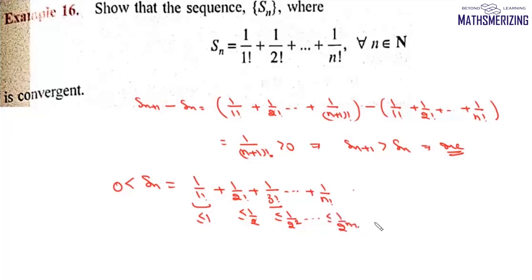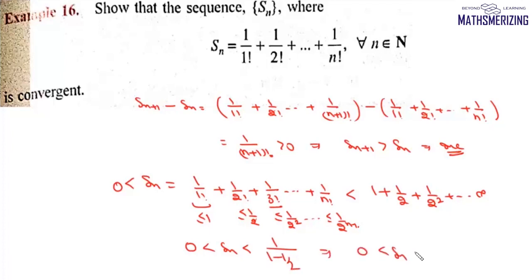Now if we take this limit n tends to infinity, we can write this Sn will be less than 1 plus 1 by 2 plus 1 by 2 square up to infinity, which is nothing but an infinite GP. So this Sn will be less than a upon 1 minus r, that is, this value of Sn will lie between 0 and 2. So this sequence is monotonic increasing and it is bounded. That means this sequence is a convergent sequence.